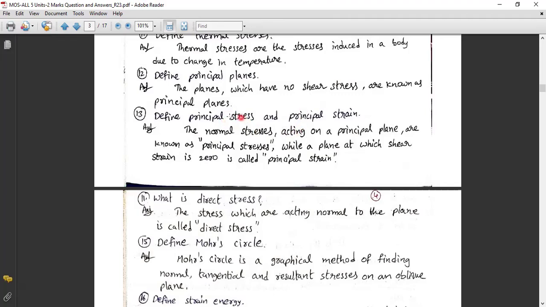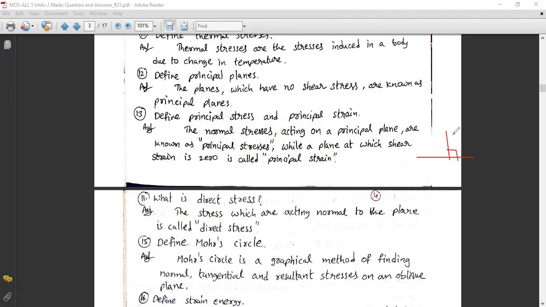Define the next question: principal stresses and principal strains. The normal stresses acting on the principal plane are known as principal stresses. If you are taking normal stresses, for example, your body is there like this. It is a normal stress here, so this is a 90 degrees line.